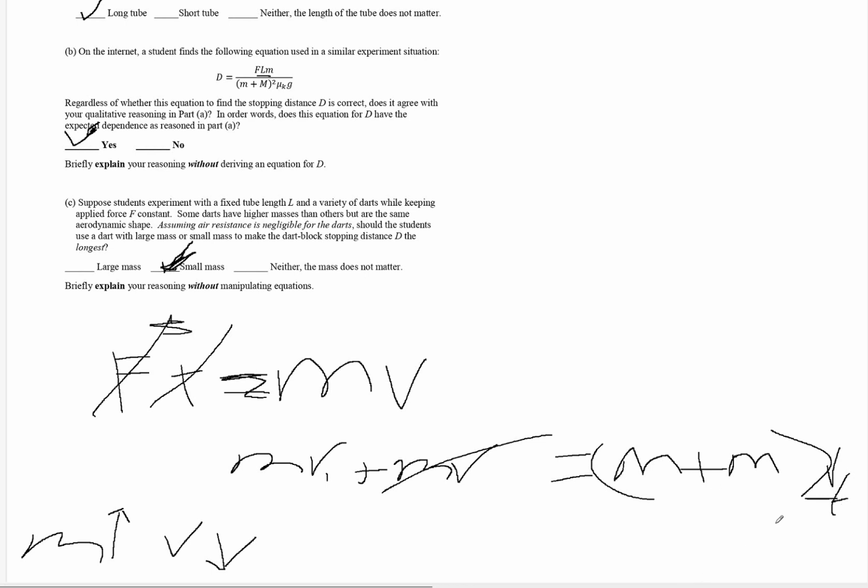But the velocity will have a greater effect on the final momentum of the system. And so a smaller mass will lead to a larger velocity, and that smaller mass will affect the system less. The larger velocity will help create more momentum. Therefore, the small mass will have the largest stopping distance D.